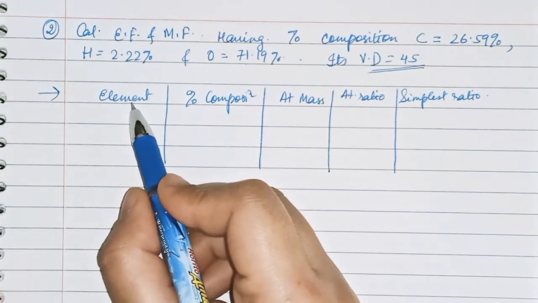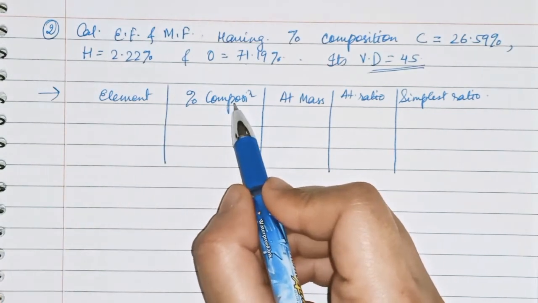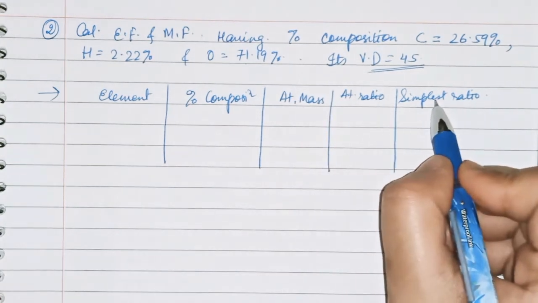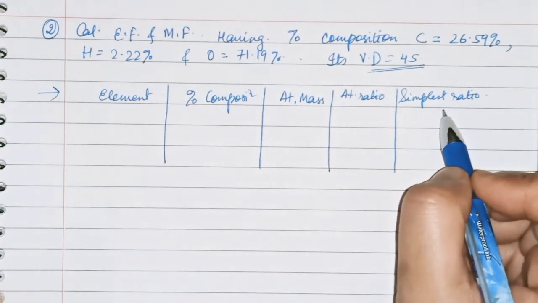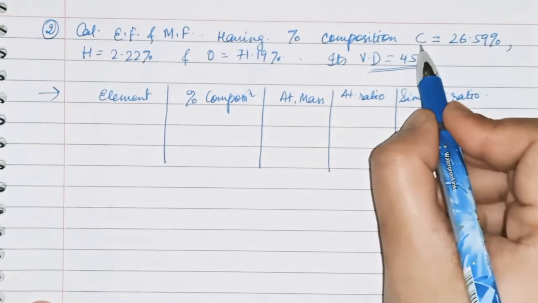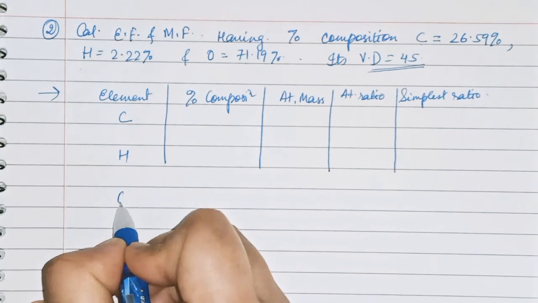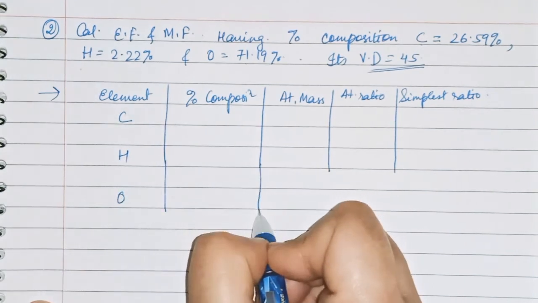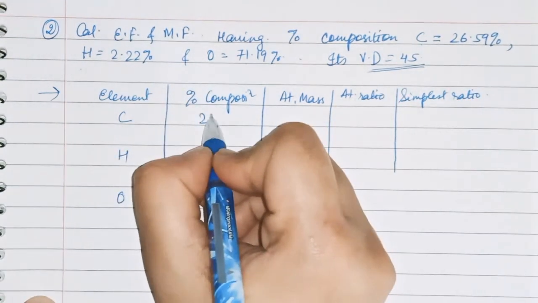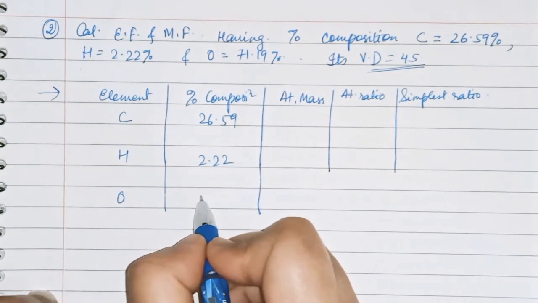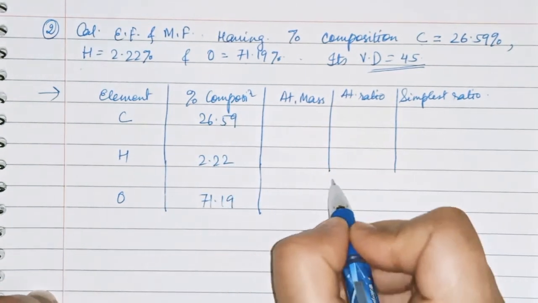First column element, second is percentage composition, third atomic mass, fourth atomic ratio, and fifth is simplest ratio. So the elements we are having are carbon, hydrogen and oxygen. Percentage for carbon is 26.59, hydrogen is 2.22 and oxygen is 71.19.